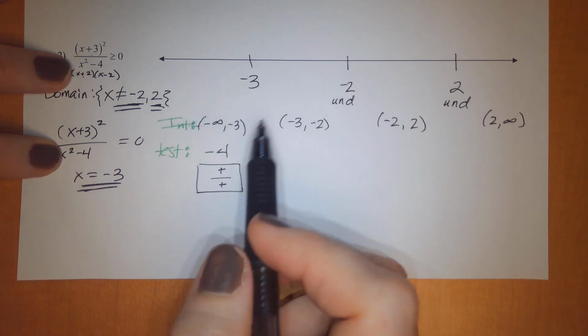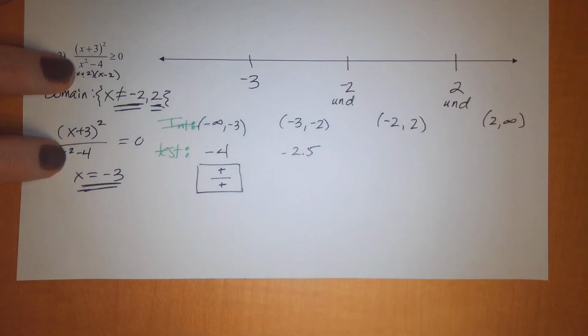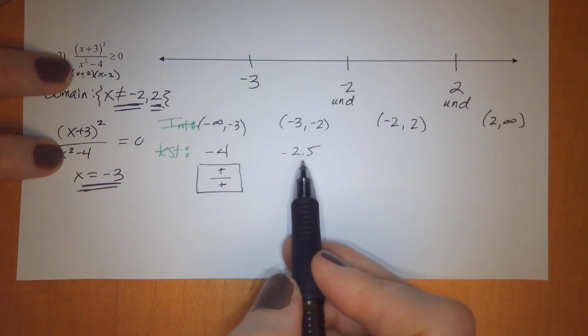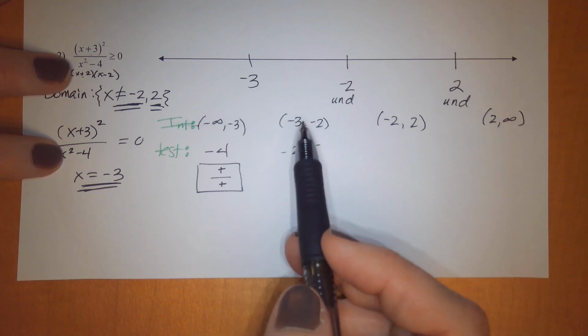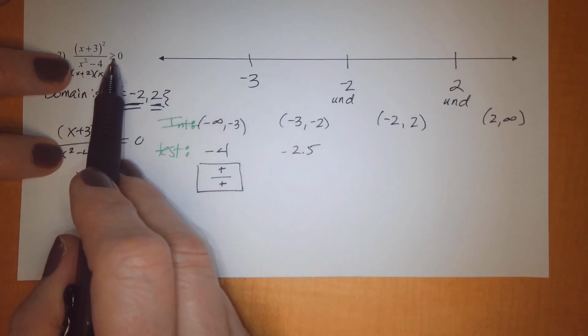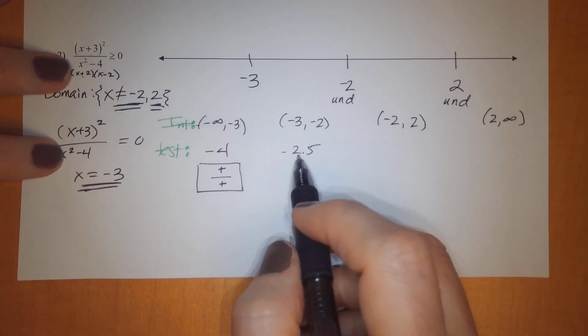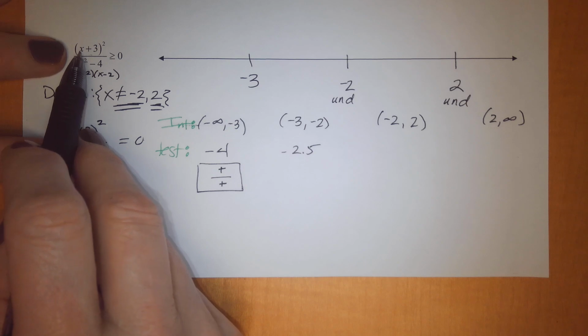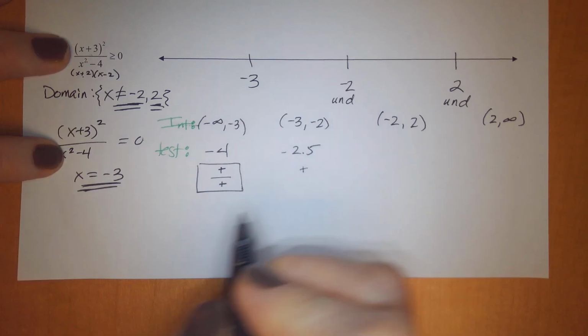Let's test a number in this interval. Let's test the number negative 2.5. Again, I don't really care about what the actual value is. All I care about is what the sign is for this whole interval. I'm looking to see whether it's positive, meaning it's a solution, or if it's negative, it means it is not. So if we plug in negative 2.5 up in here, we get negative 2.5 plus 3, which is 0.5, but when I square it, it becomes positive.